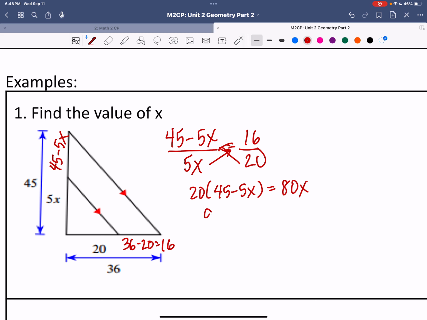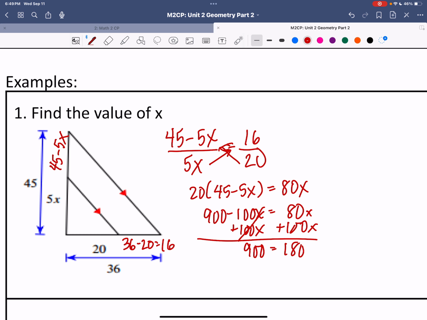Then you're going to get 900 minus 100x equals 80x, so add 100x, oops, forgot the x's, and go 900 equals 180x.